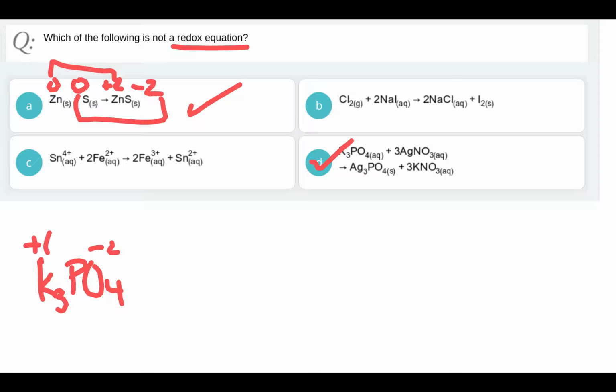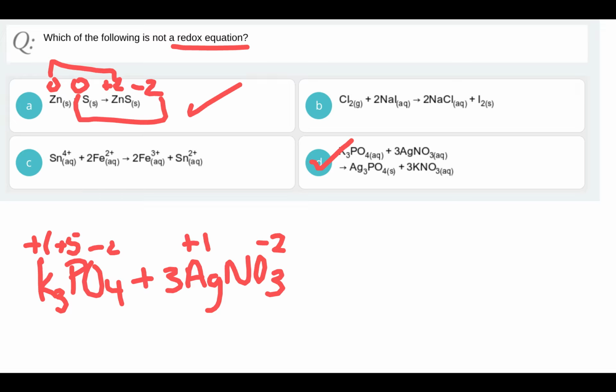Potassium, there's 3 of them with +1. That would mean phosphorus would have to be +5. So we can keep going here with assigning oxidation numbers, just doing what we know. So the next one, -2, +1. Nitrogen would have to be +3, so our compound could be neutral.